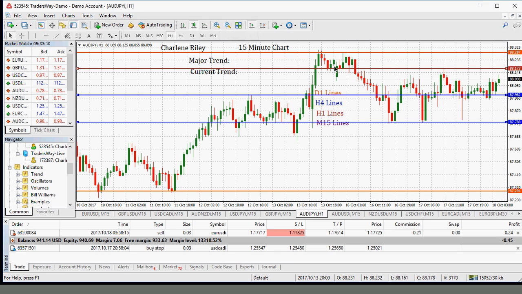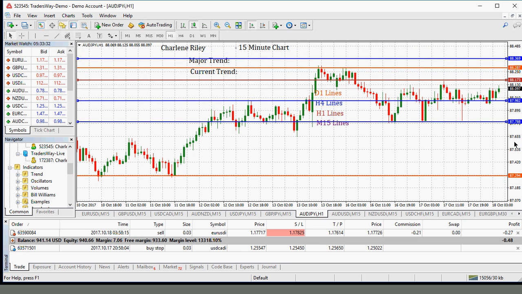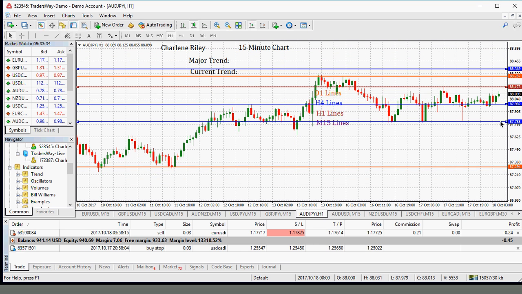So you can definitely zoom out, and the other thing that you can do is scale down your screen. What do I mean? You see my cursor moving around? I go over here to where the numbers are and click and drag down. And lo and behold, there's that other line that I plotted on the 4 hour chart.